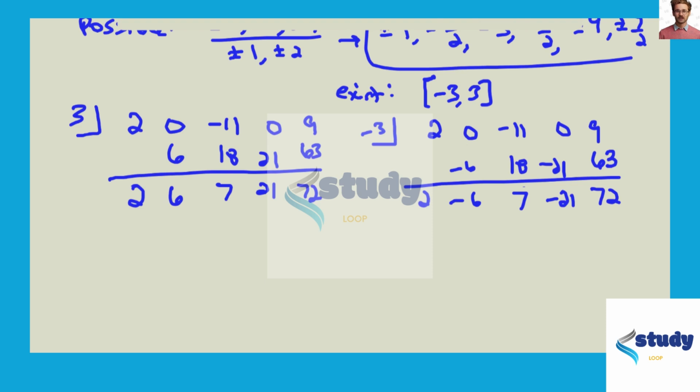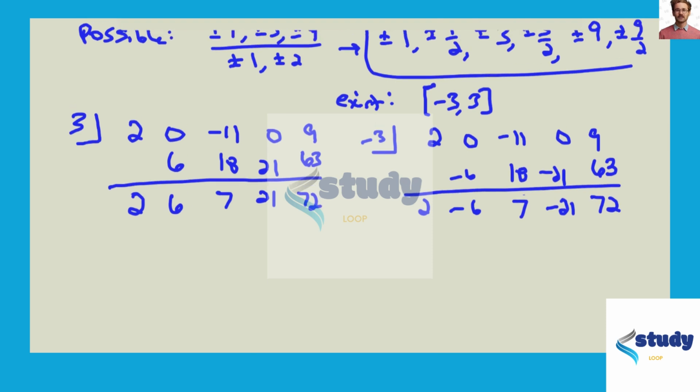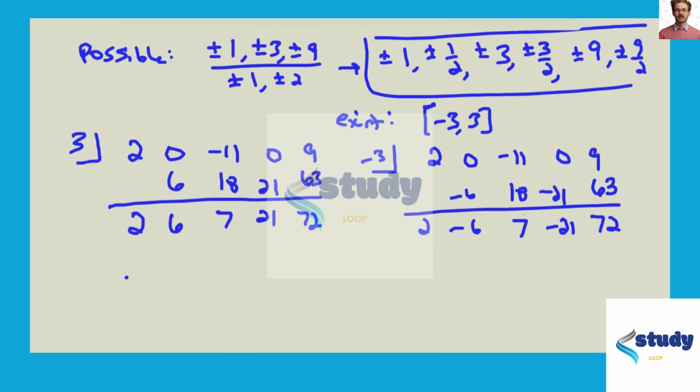Okay, so let's test to see if 1/2 is a 0, because we already saw 1 wasn't, and 3 is not either, and 9 cannot be. We tested 1 and negative 3, and neither of those are 0, so we didn't get a remainder of 0. So let's try 1/2.